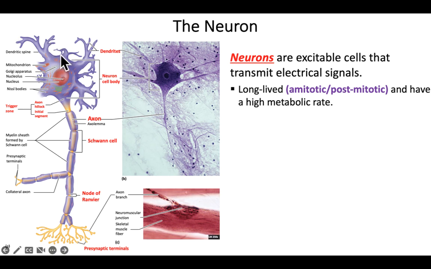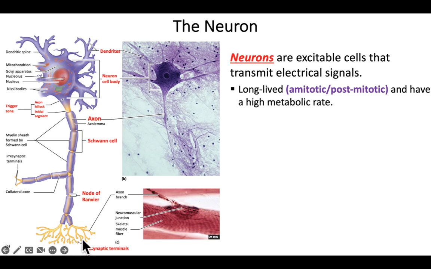And then typically they're going to have a long process sticking off the cell body. It may or may not be myelinated. In this case, this drawing shows Schwann cells that are producing myelin along the axon.